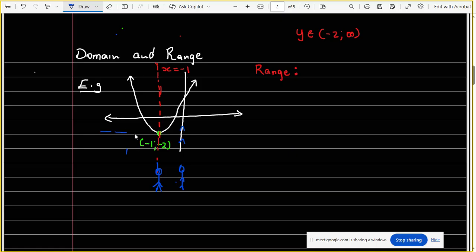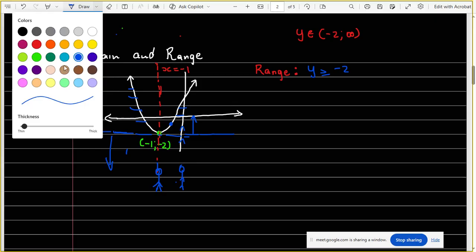If you look at this graph, from this blue line going down, you don't see any y values on the graph. But from this blue line going up, from -2 going up, you start seeing the y values. You understand? Yes, I understand. So the range is y must be greater than or equal to -2. That's your range, which is the same answer that you gave me in that interval notation. Understand? Yes, I do.